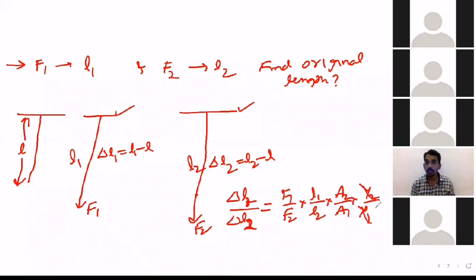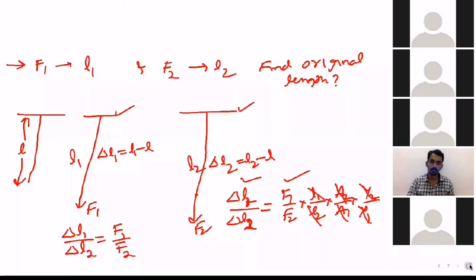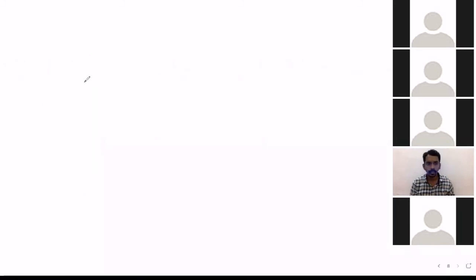Y2, Y1 get cancelled because same wire in both cases, same Young's modulus. Same wire means same area, cancel. And same wire means same initial length, cancel. In both situations, I changed the force. As force changed, delta L changed. So the relation became delta L1 by delta L2 equals F1 by F2. Now, delta L1 means what?